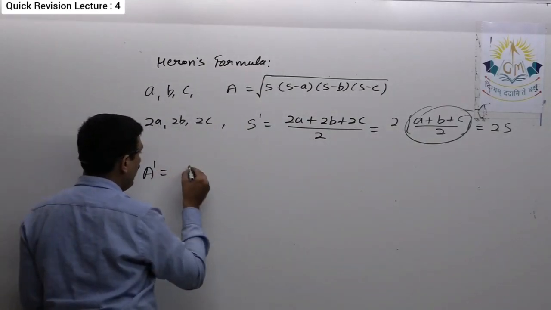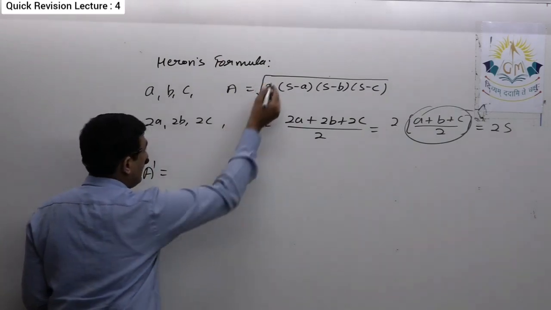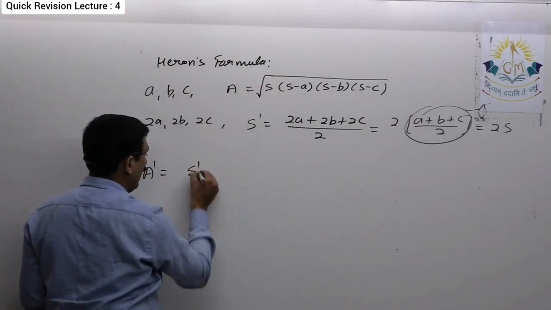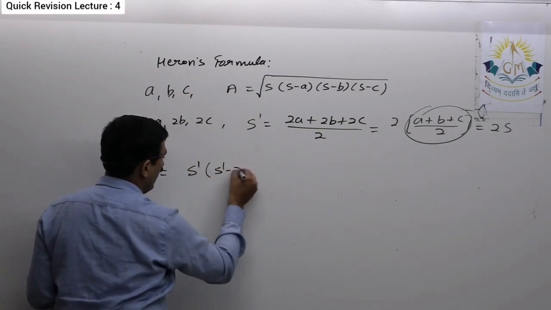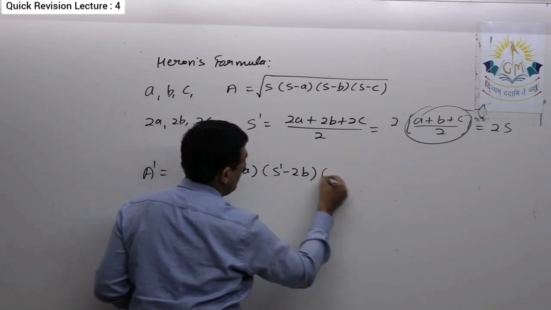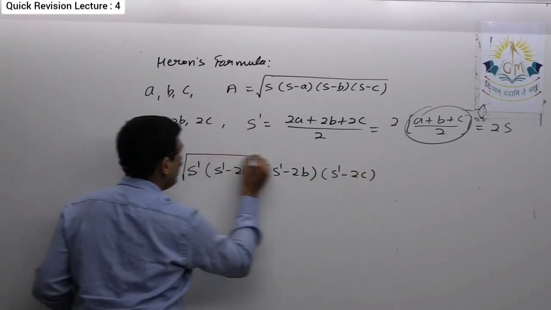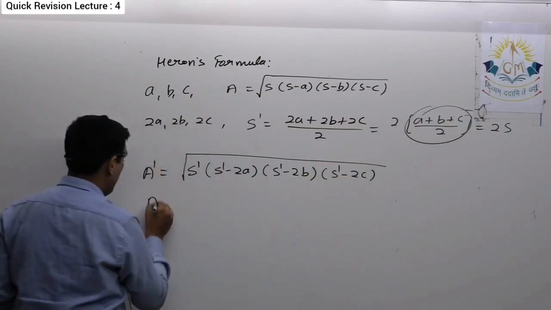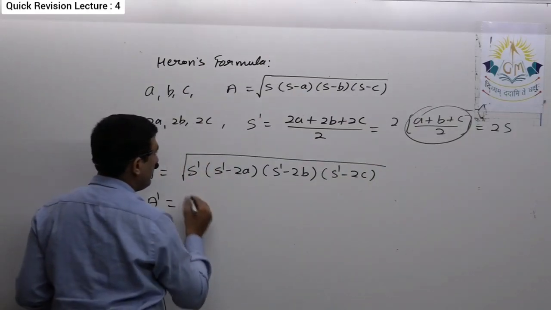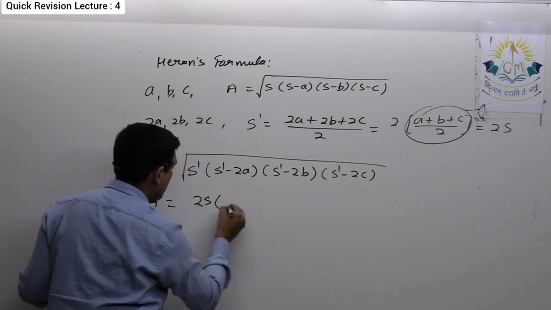Now we'll see the new area. So the new area will be, in place of this semi perimeter, I have to put the new semi perimeter, that is root over S dash, S dash minus 2A, S dash minus 2B, S dash minus 2C. Okay, so A dash is equal to, now S dash is 2S.